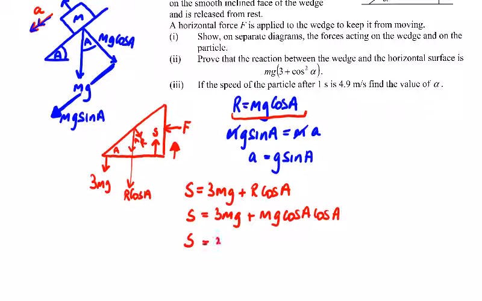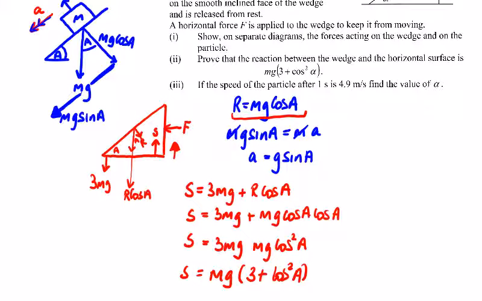So S will be 3mg plus mg cos squared alpha. And I can factor out mg to get mg times 3 plus cos squared alpha. Actually, that's what they're looking for here. I didn't read the question first, which I probably should have. But that is the reaction here.